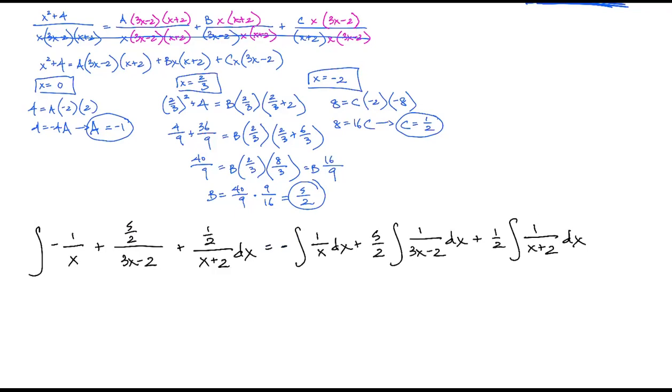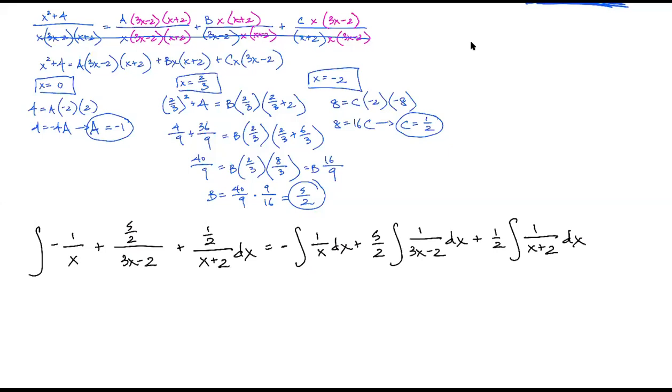What I like about splitting it is that underneath each one, I can make a decision about what technique I'm going to use to integrate. So it's a very purposeful decision.